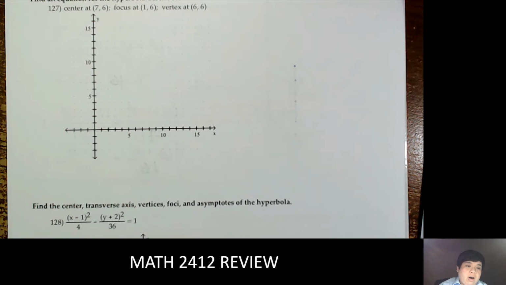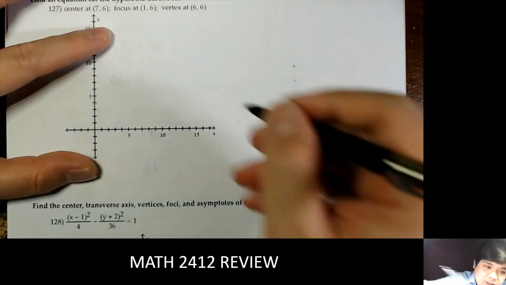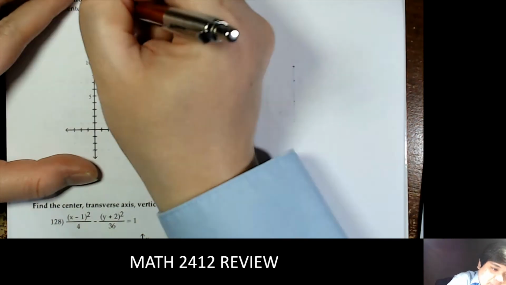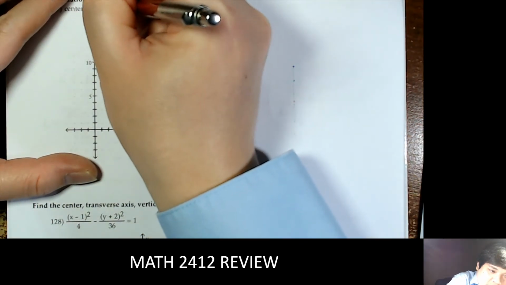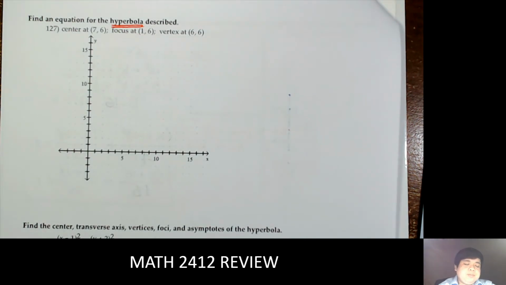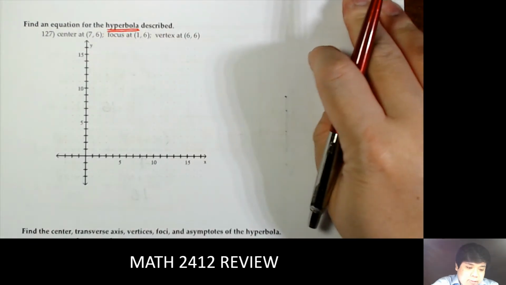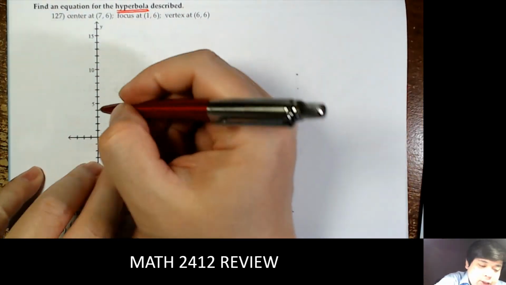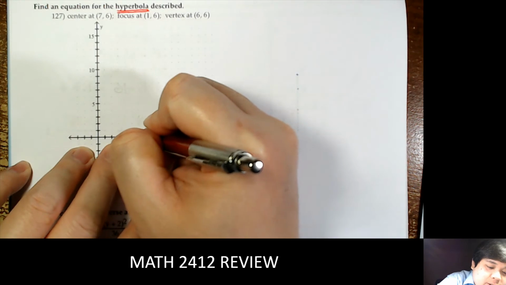Next, we just need to find the equation of the hyperbola. A bit more complicated than the other two conic sections. So, the center is 7 and 6, so we know where we start. x equal to 7, y equal to 6.